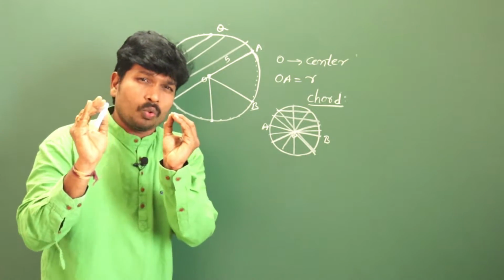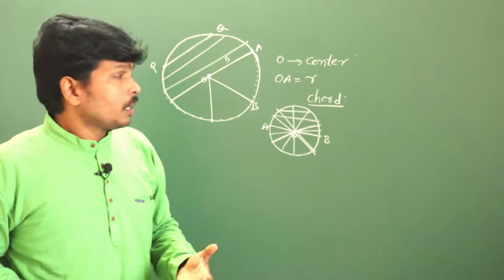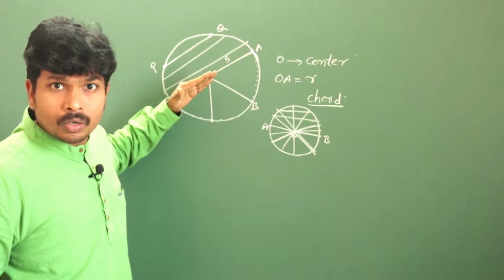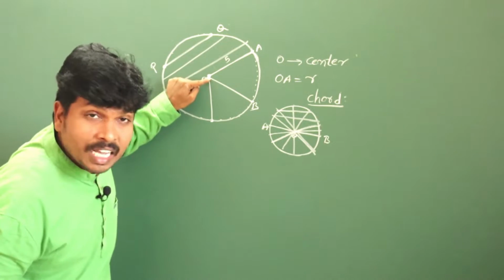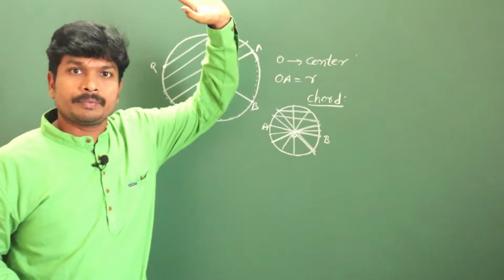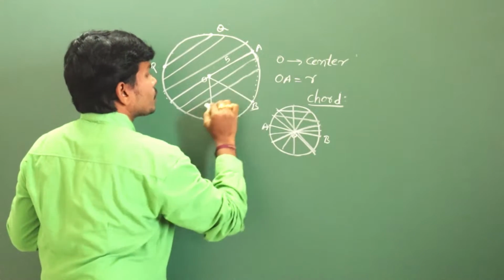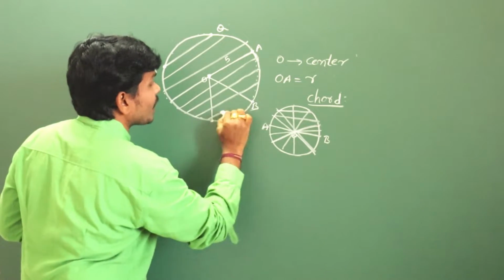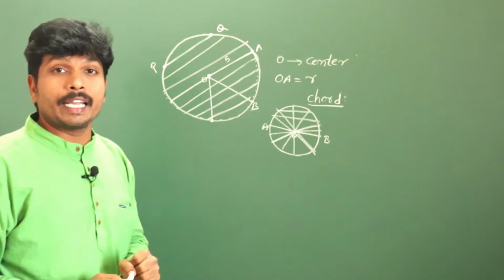Then just observe something. That is just common sense, and that observation is also a self-observation. If a chord moves towards the center, then the length of the chord increases. Fantastic. Now observe here, the chord which moves away from the center, the length of the chord decreases.